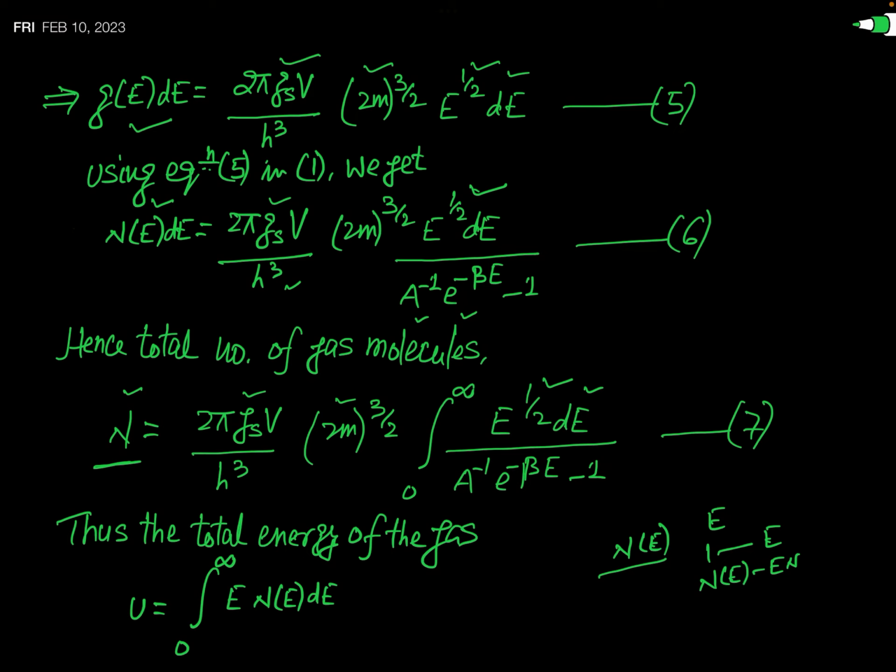When we integrate this result, we get the total energy of these N molecules. So the total energy of the gaseous system is given as integral 0 to infinity E times N(E) dE.